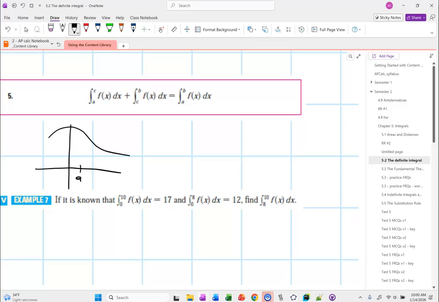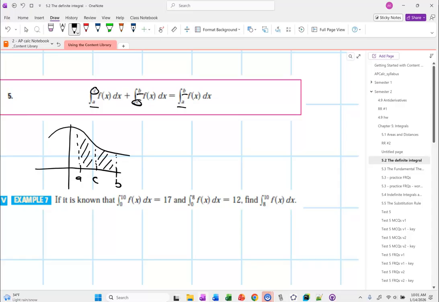If I have A, C, and B, and I look at the area from A to C, and then the area from C to B, that should be the same as the area from A to B, right? That's all this is saying. So you can hook the two integrals together and just turn it into one.